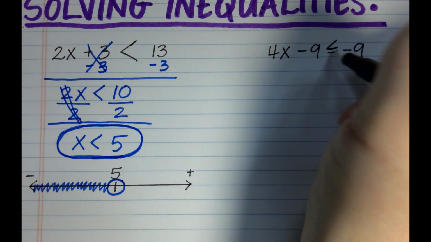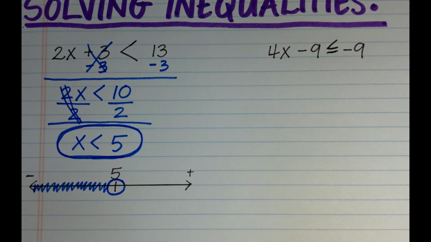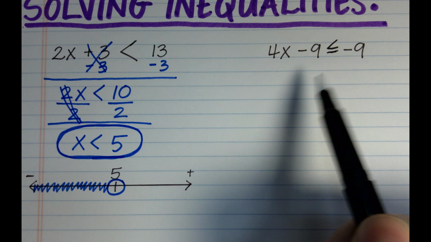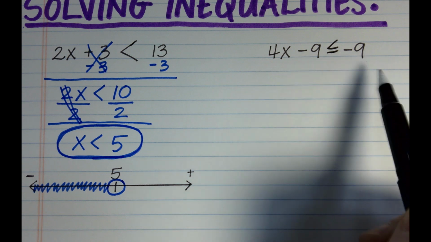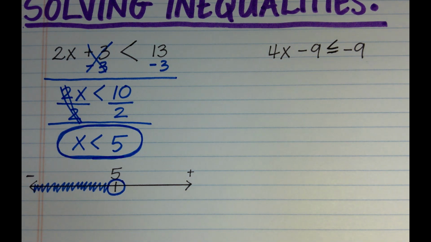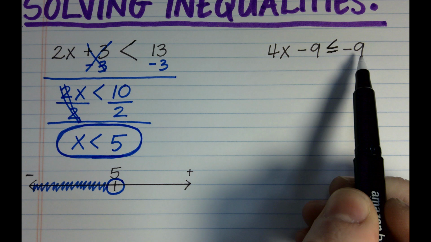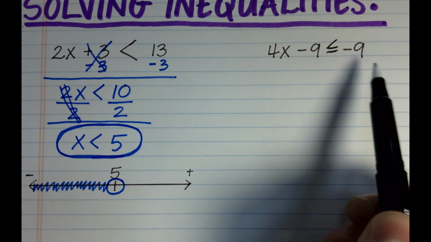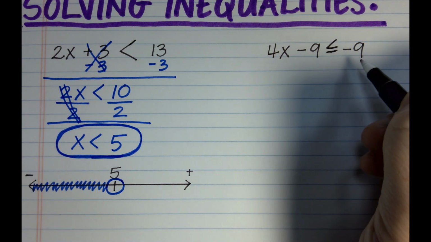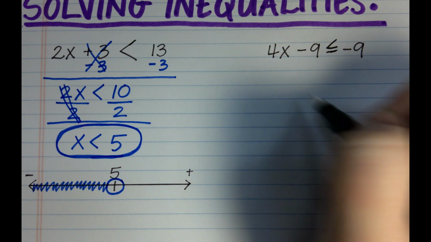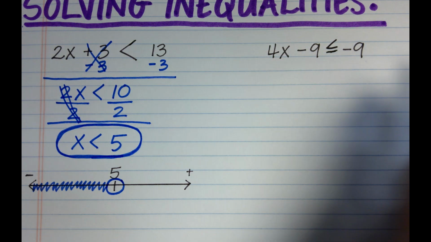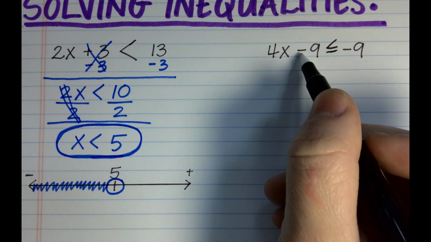Got that copied down. What would we need to do first? Subtract, or add 9. Yes. So add 9. Now which 9 are you referring to? The one next to 4x or by itself? By itself. The one by itself? Well, I mean, you could take the 9 next to the 4x and add it to the negative 9. Yes. Okay, so we have -9 here.